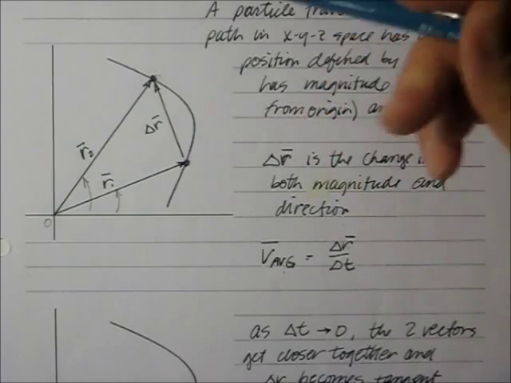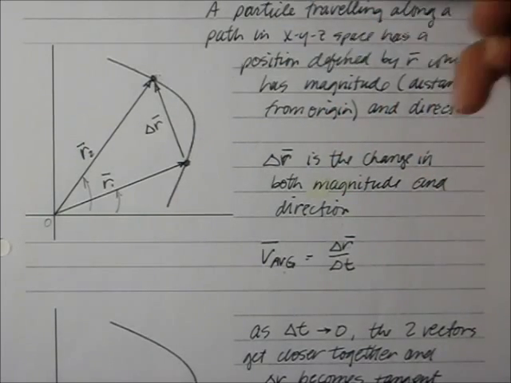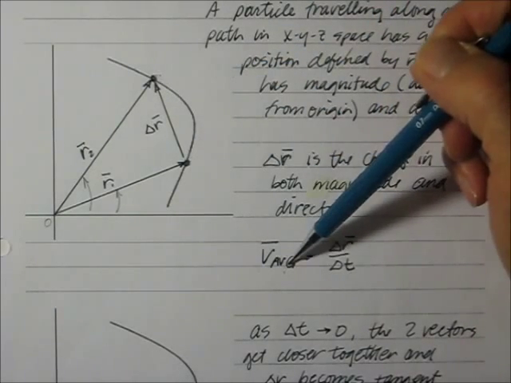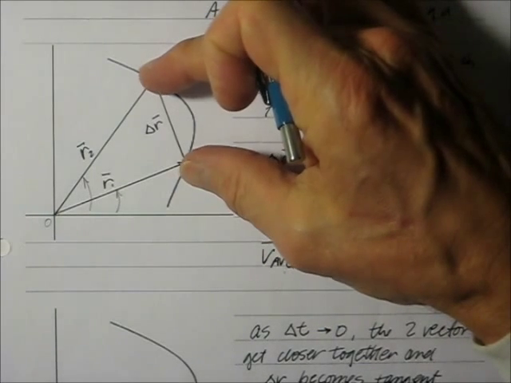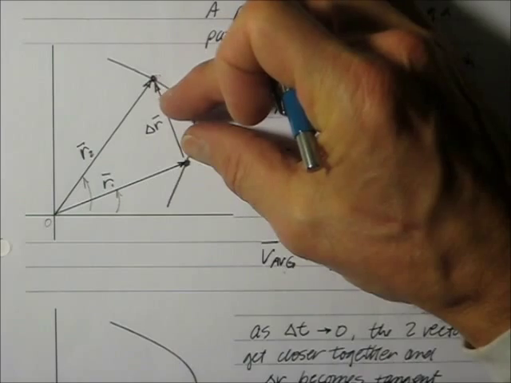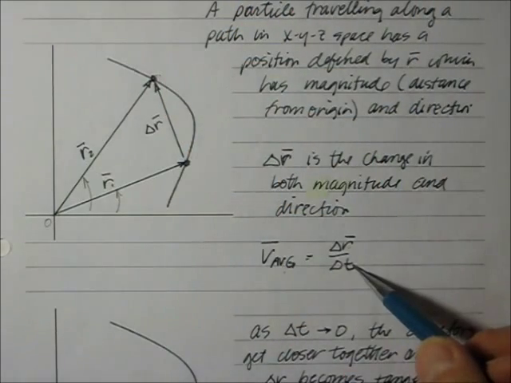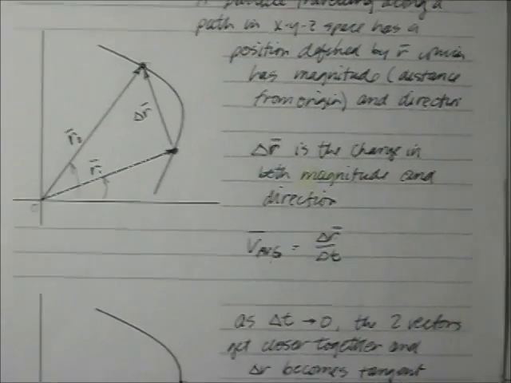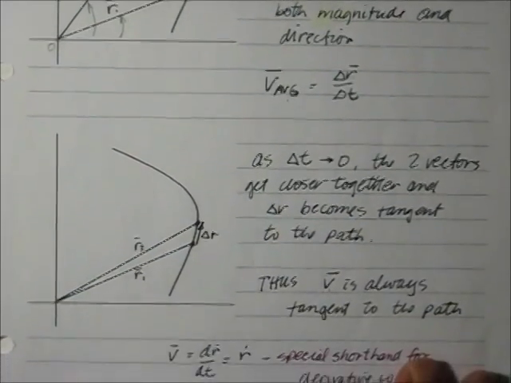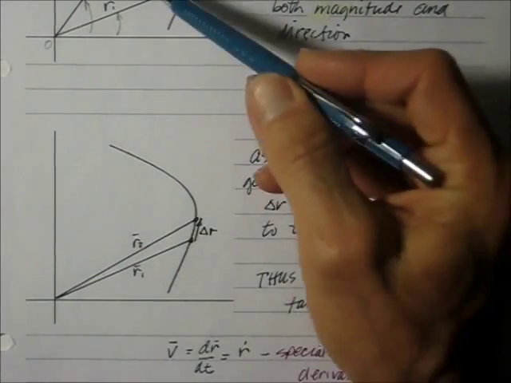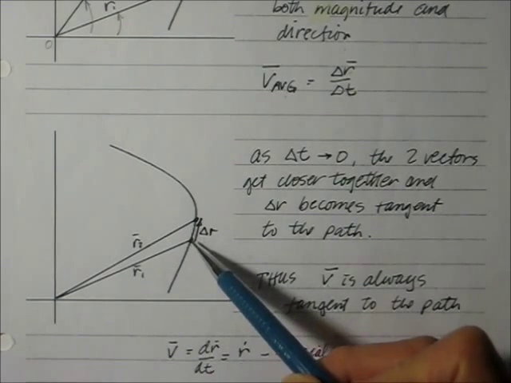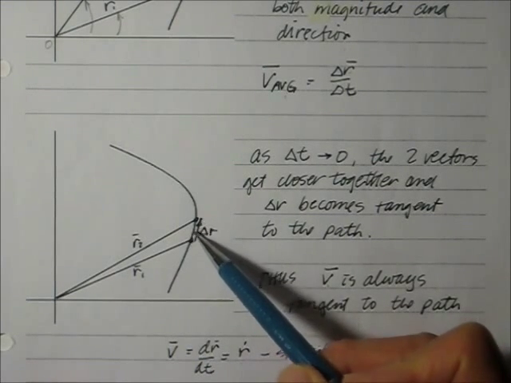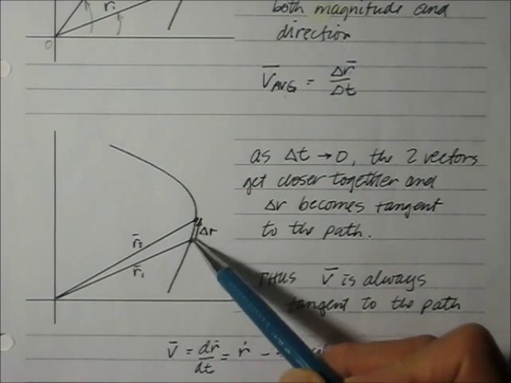Now, if we want to find the instantaneous velocity, this is the average velocity. The instantaneous velocity happens when these two positions get closer and closer together, or the delta time gets smaller. And that's a familiar concept. So let's imagine what happens if those two vectors get closer together. You can see that delta r looks closer and closer to being tangent to the path.